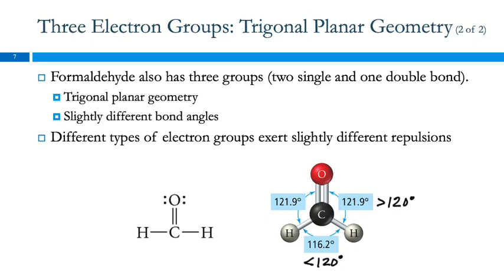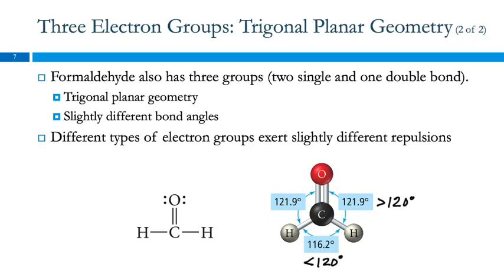I do not expect you to remember the bond angles for formaldehyde, but I do want you to be able to predict that these bonds are going to have an angle slightly bigger than 120, and these will be slightly smaller. Yeah? Is that partly because oxygen has excess valence electrons? They have the 2 on both sides.